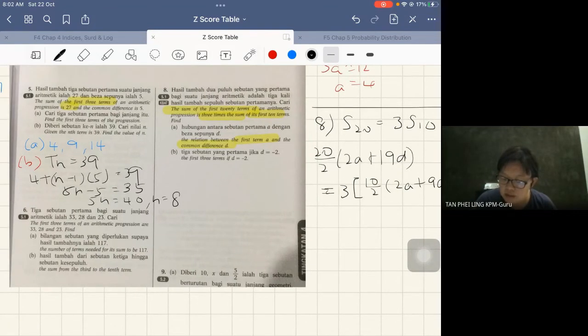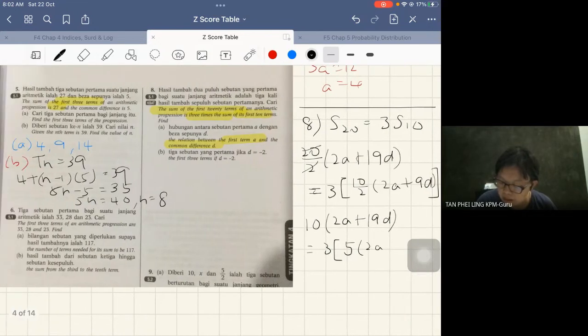Here we can cancel off, so you will be left with 10 and then bracket 2a plus 19d, which is the same as 3 times 5 bracket 2a plus 9d. Did I write wrongly? Let me see here. Okay, 19d and this one is 9d, correct.